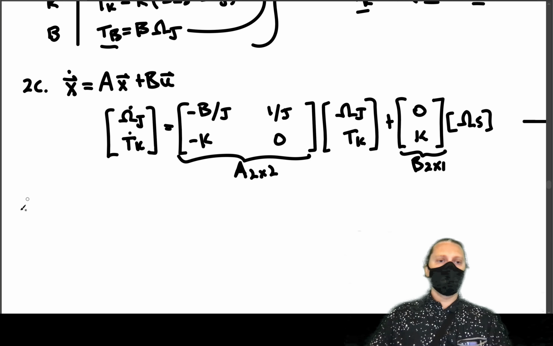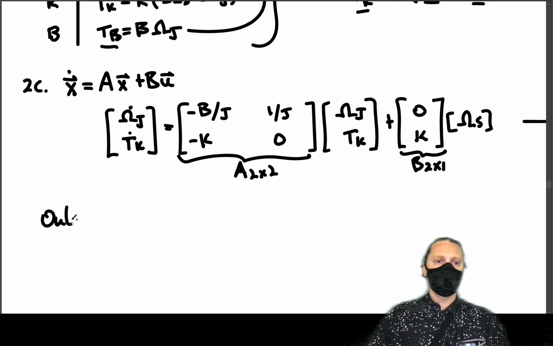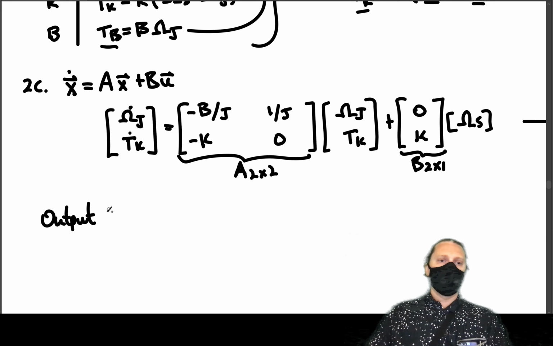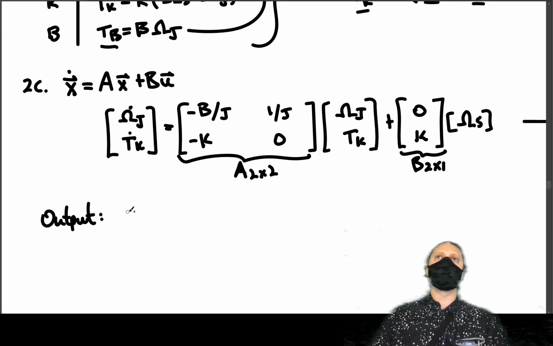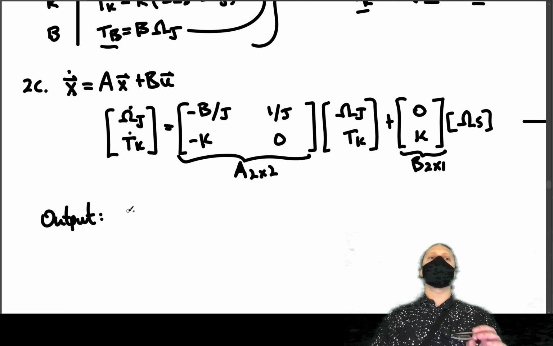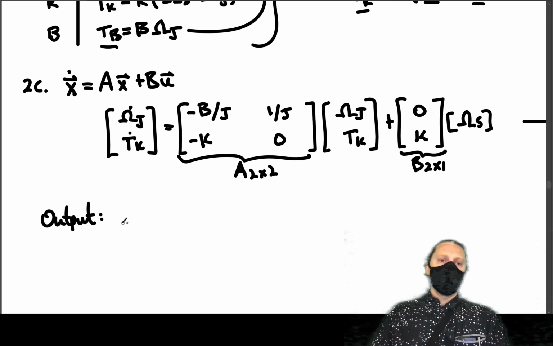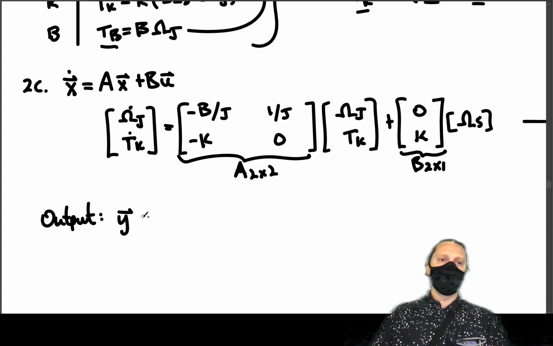The output, before we write it in standard form, we need to write the outputs in terms of state variables and inputs. The output vector, we said, was equal to TK, HJ.